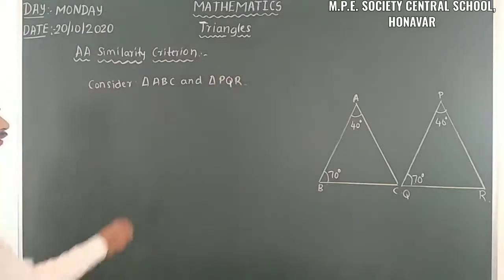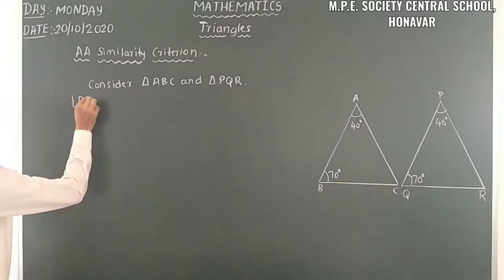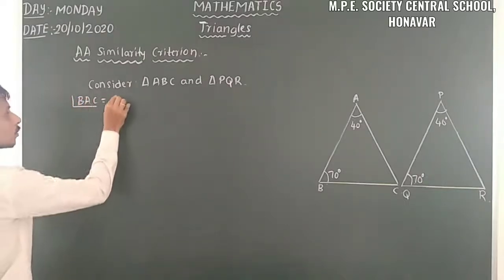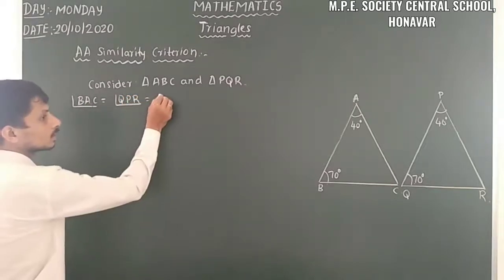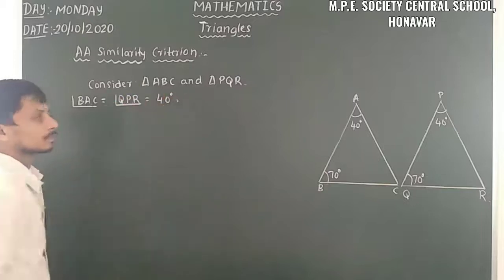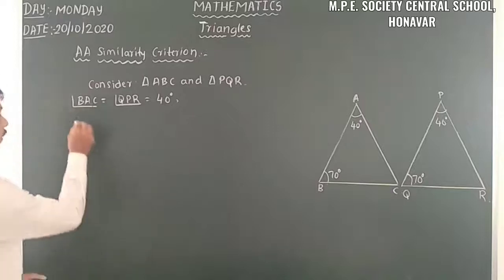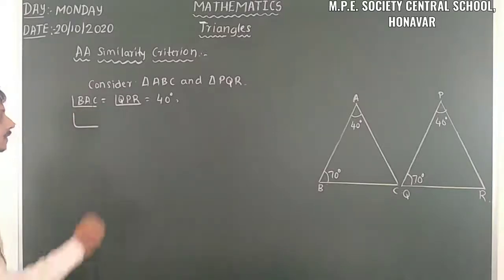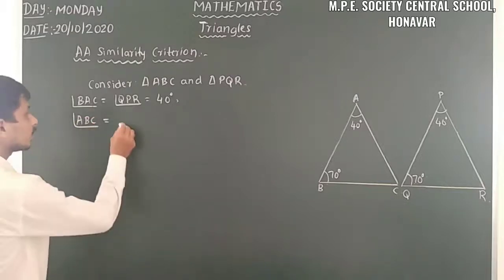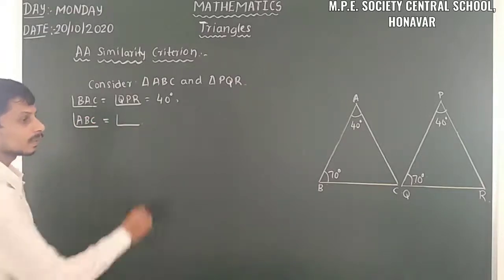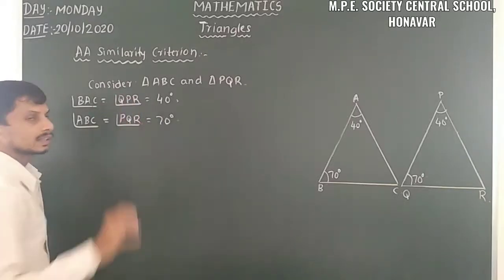Here we have angle BAC is equal to angle QPR is equal to 40 degrees. Then another pair of corresponding angles: angle ABC is equal to angle PQR is equal to 70 degrees.